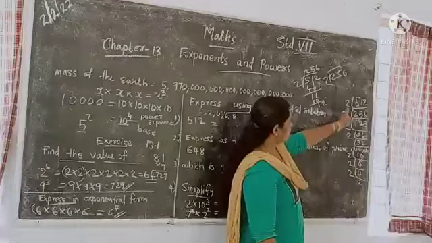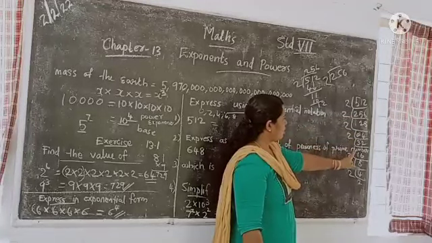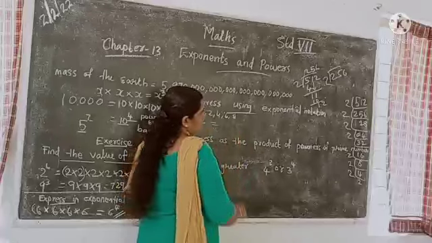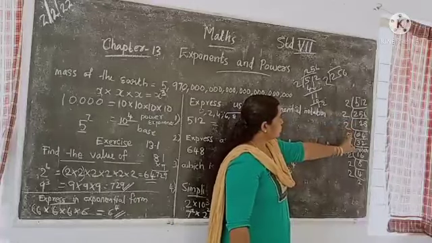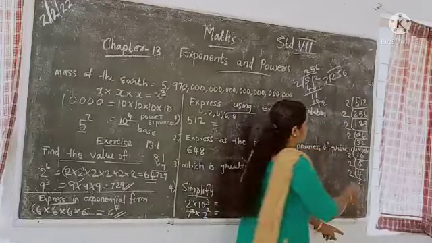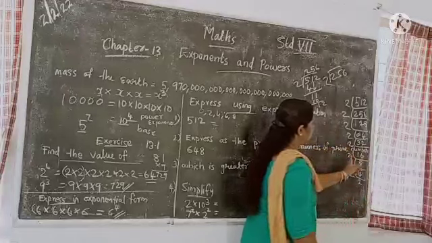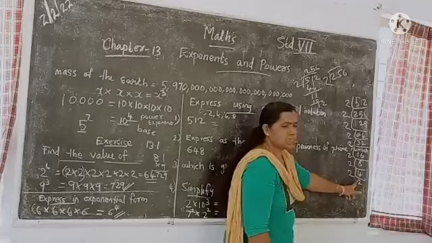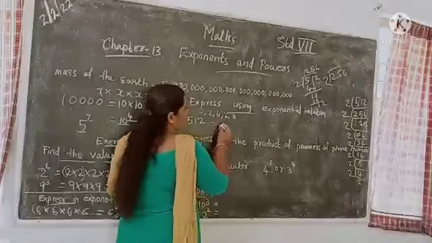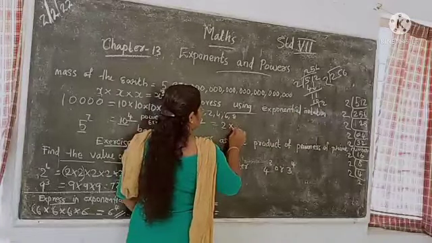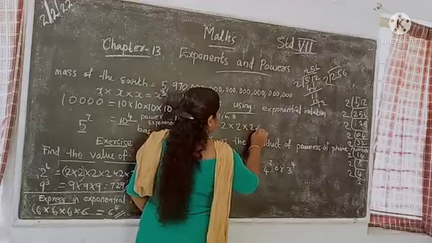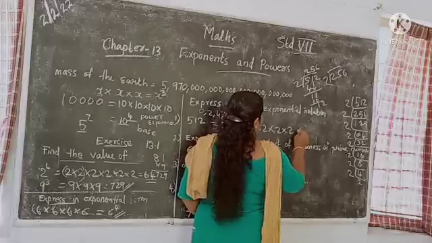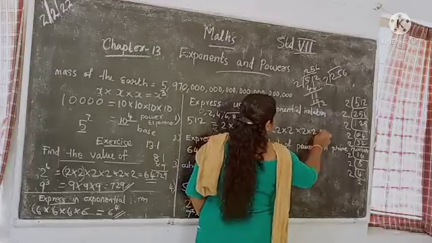So we have 2 nine times: 2 into 2 into 2, 2 into 2 into 2, again 2 into 2 into 2.